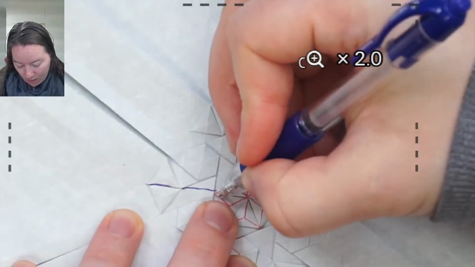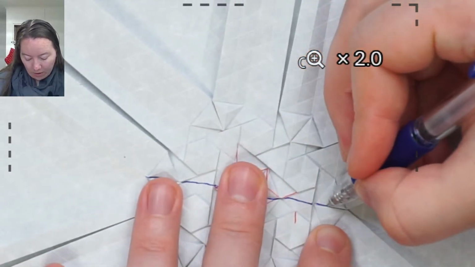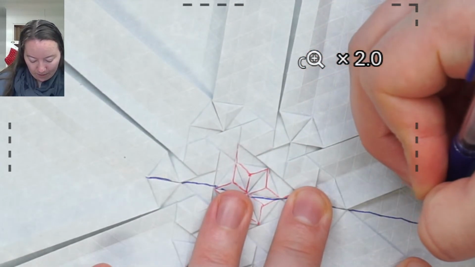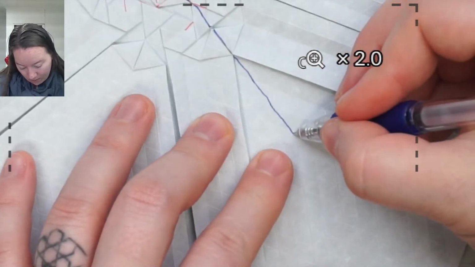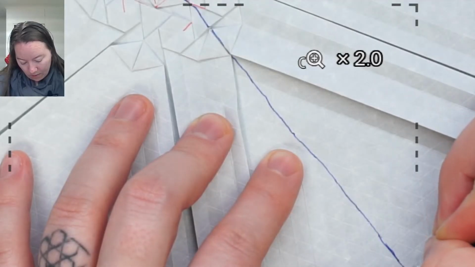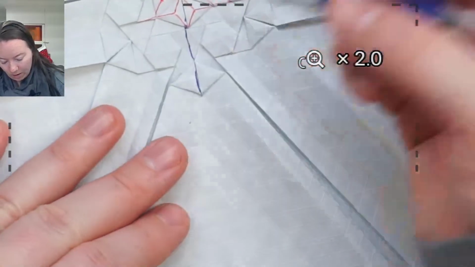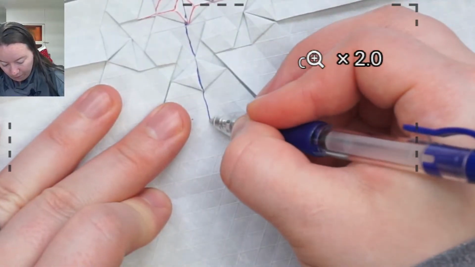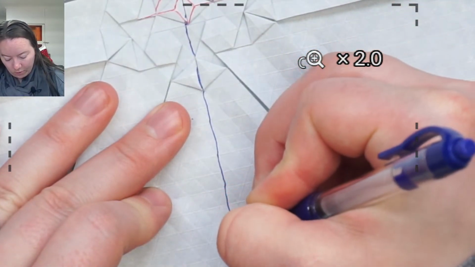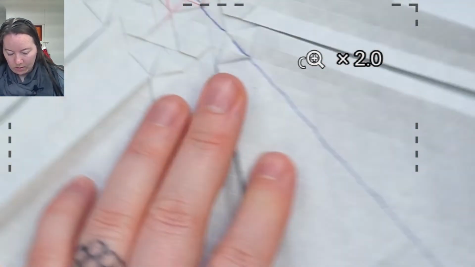To draw on here, this is going to be a very marked up piece of paper by the end. And anytime we have mirror symmetry lines, they are just as true on the crease pattern as they are in the final folded form. So I'm free to draw these out as far as I like.